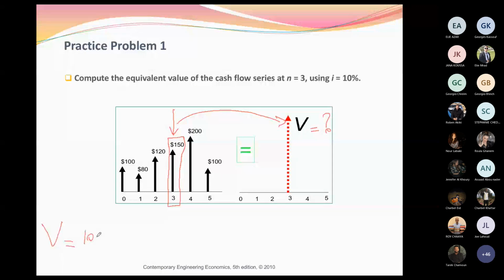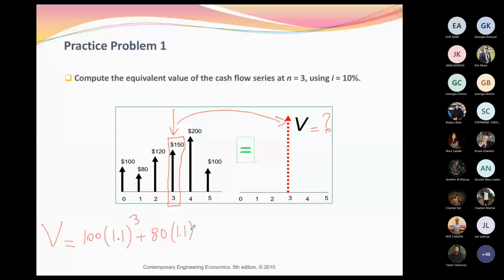The 100 is compounded how many times? This is the 100, compounded 3 times, plus 80 compounded twice, plus 120 compounded once.